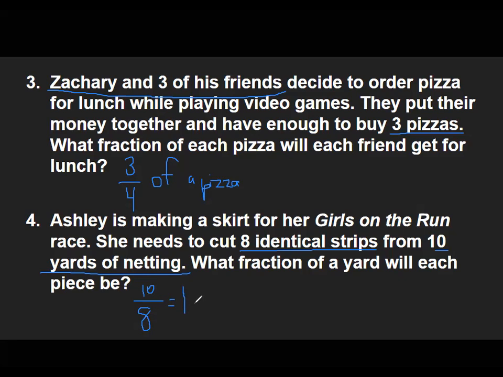We can make one full group of 8, and we will have 2 left over, so that would be 1 and 2/8. And I know that 2/8 can be reduced. I can divide my numerator and my denominator by 2. So that would give me 1 and 1/4 yards for each strip that she cuts.